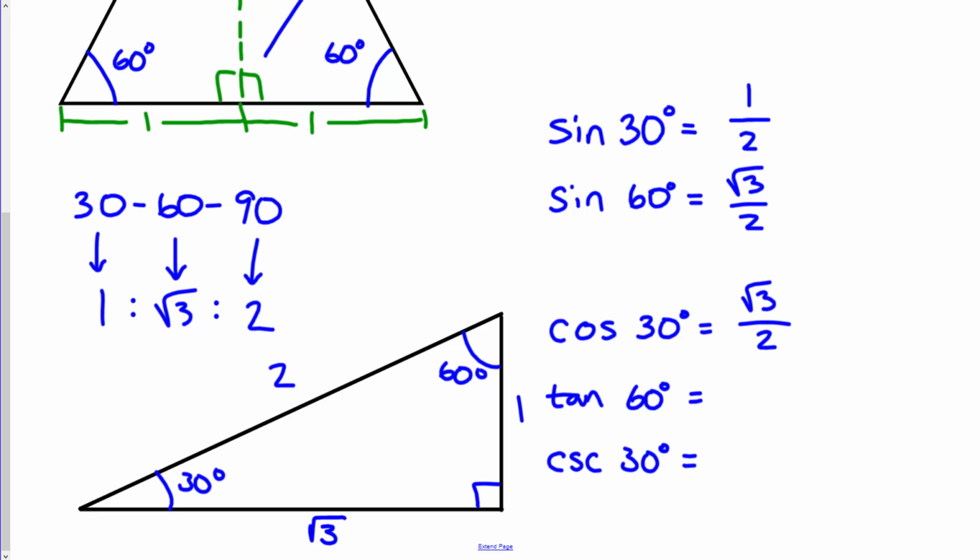Tangent of 60, that is opposite over adjacent. So this would be square root of 3 divided by 1, or just the square root of 3. Cosecant of 30, that's going to be the inverse of sine 30, which would be 2 over 1, which is 2. So that's how you would find any of the trig functions evaluated at either 30 or 60 degrees.